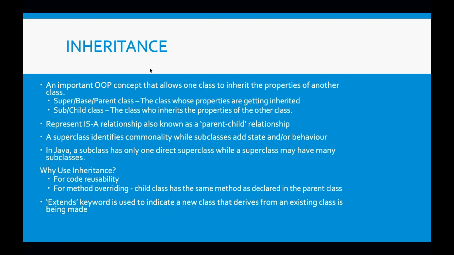So this is kind of like an example of inheritance in Java as well. And the kind of relationship classes have between each other is called an is-a relationship, or a parent-child relationship. So the superclass defines the commonality, and the subclass specializes the commonality.